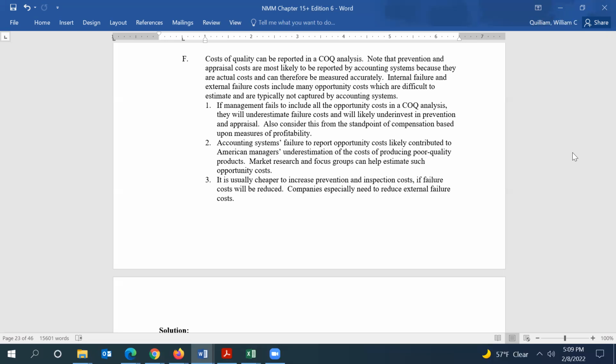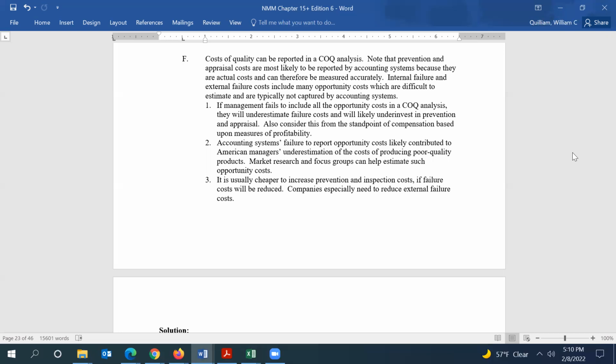Then cost of quality can be reported in a COQ analysis. Now, this is not a formal financial statement. There's no set format for it, but it's just a listing of quality costs, quality activities, optional for a company to do. It's just a way to try and get some focus on it.